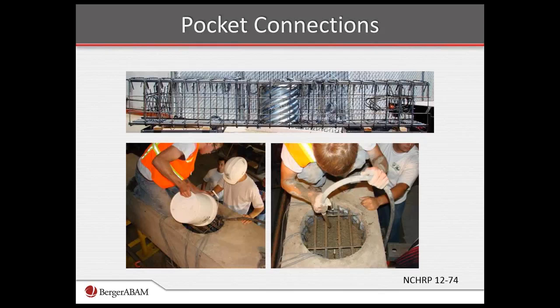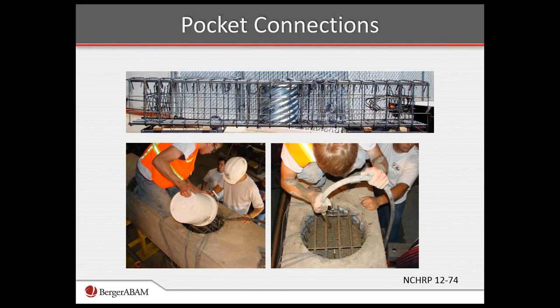So the next slide shows some photographs of testing of this type connection. It's really a nice connection in terms of the way the steel is put together in the cap beam. You can see the placement of just plain concrete into that center pocket.